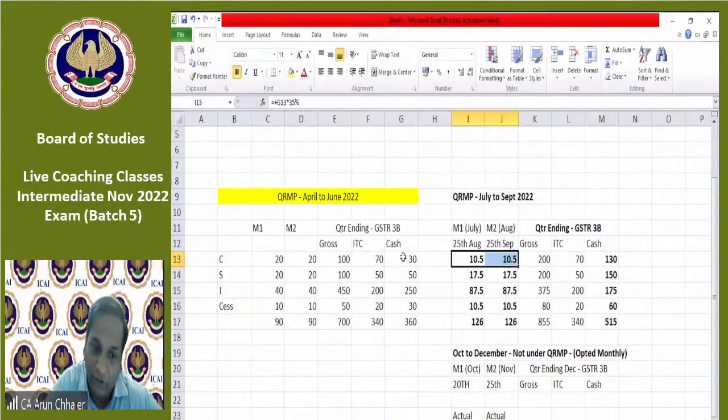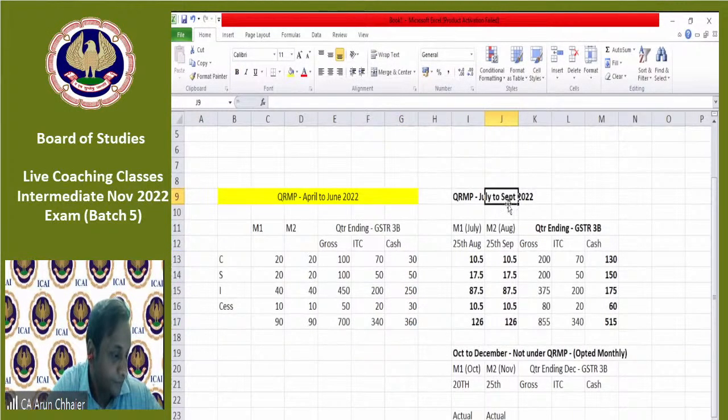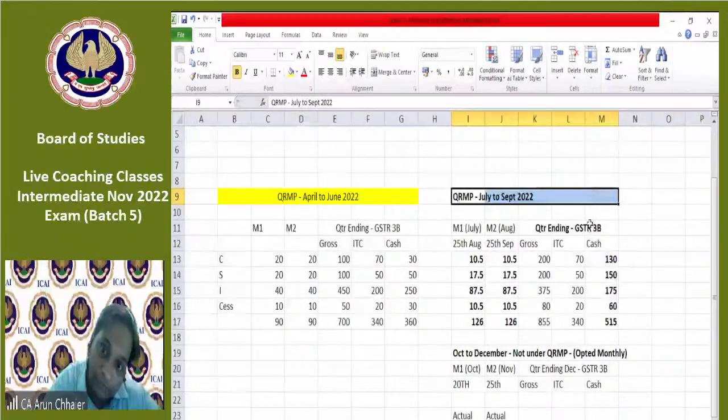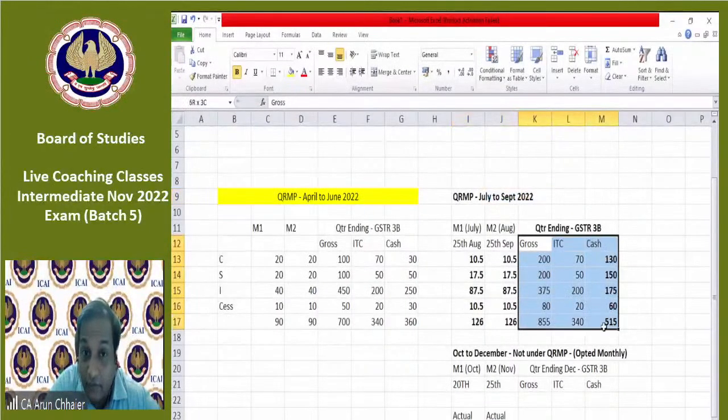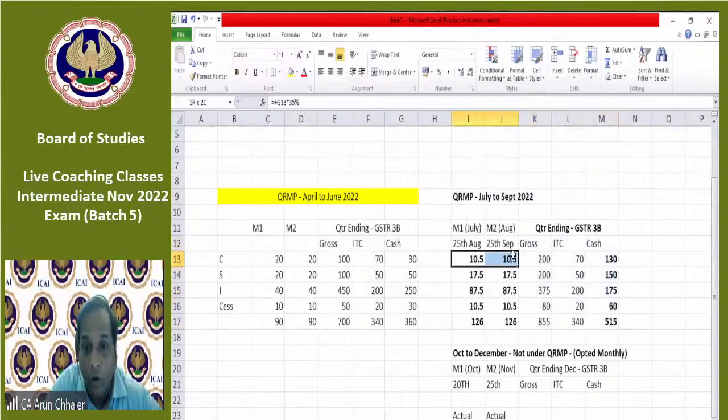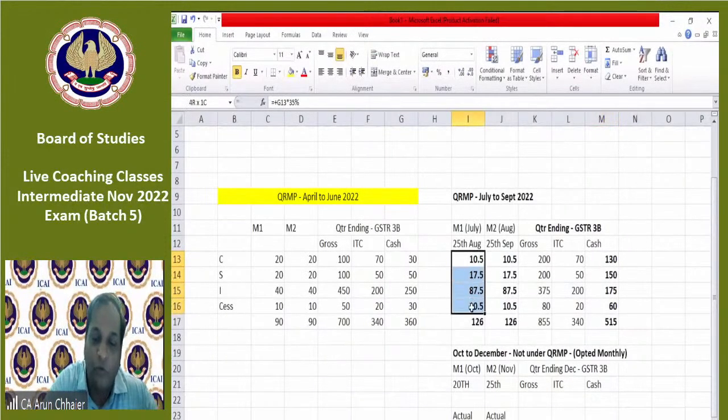Rafiq bhai, I am asking you whether the liability for the July to September quarter would also be the same. No, sir, here the liability is different. Why are you looking at 9 only? The liability might be less, low, or high. So they have given only one method to calculate the amount which you need to pay. That's it.